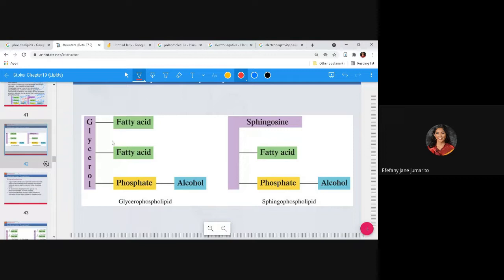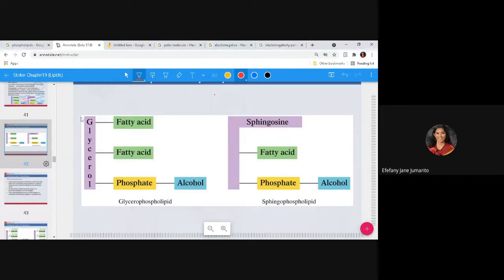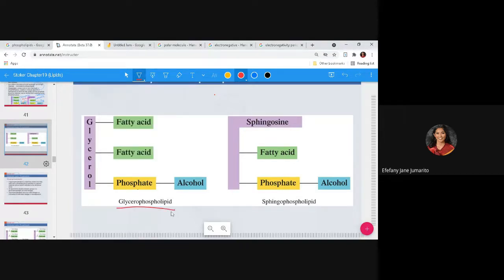Now we have this one. We have fatty acids. So that's one. They are phospholipids, just that the backbone here is glycerol and the backbone here is sphingosine. So if our backbone is glycerol, we call that glycerophospholipid. And then we call this one sphingophospholipid.